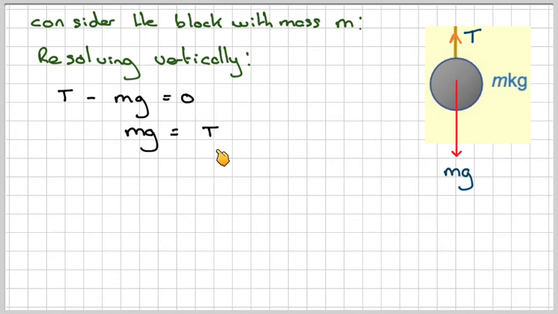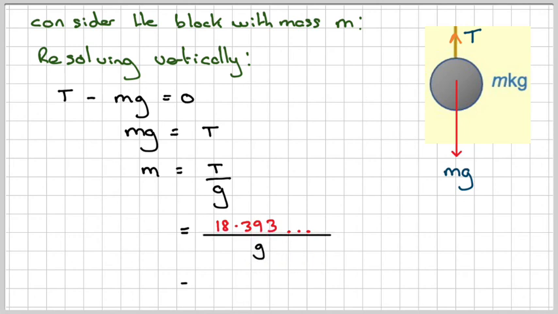So mg is equal to T, m is equal to T over g. T was 18.398 and g is 9.8. So doing the division, we're going to get a mass of 1.876, which is a mass of 1.88 kilograms.